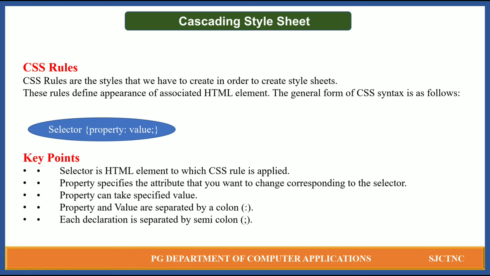Selector is a name for that style, property is a particular style which we are going to apply, and value, for example, font type equal to Arial or Times New Roman, font size equal to 25, 35, like that we are going to mention here.